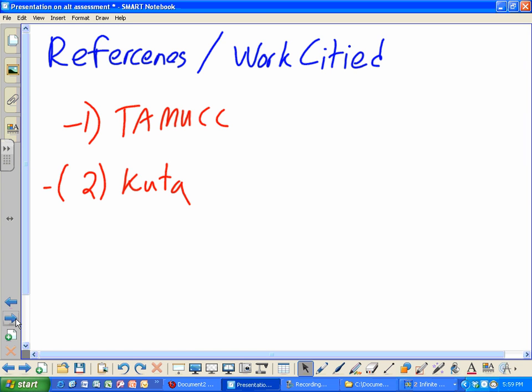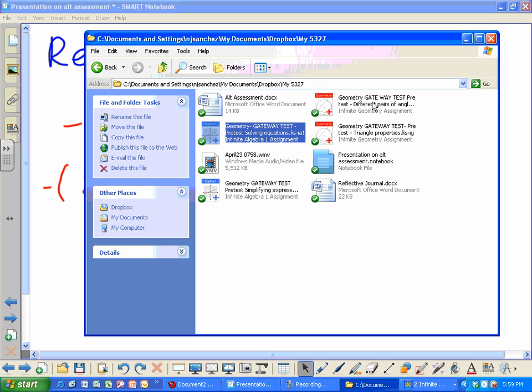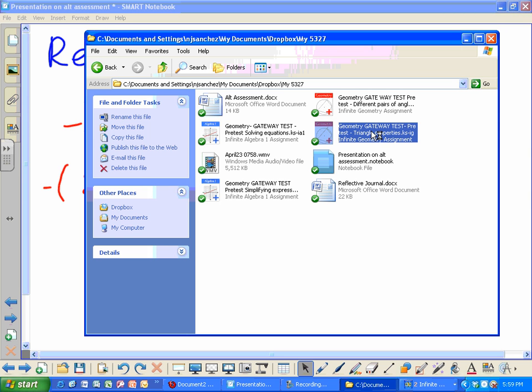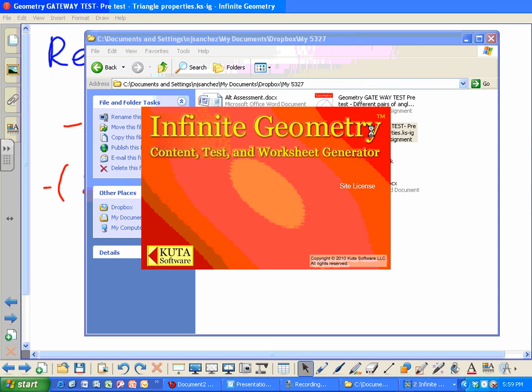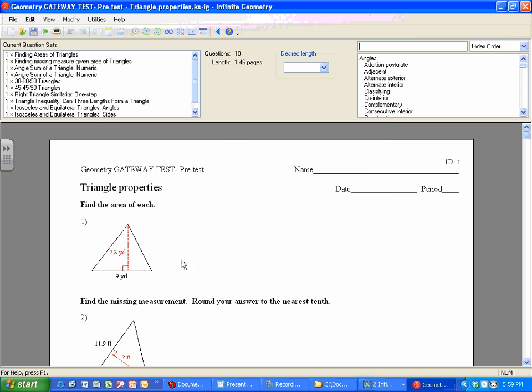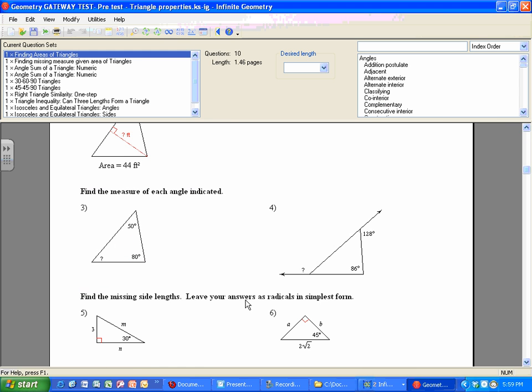Okay. There's one more thing I want to show before we take off. Just because it's a gateway test does not necessarily mean that you can only test them on simple basic algebra, but also geometry. I made these two up just to see how it would work, and one of them I put as triangle properties. Just different simple triangle properties. Just find the area of a triangle.